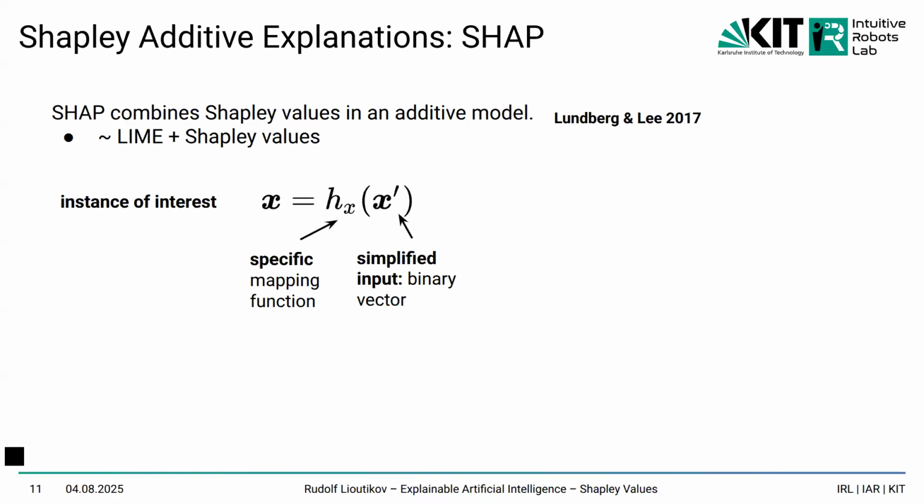Important is that this mapping function is specific to x. This is not a general mapping function. This is a mapping function that for this instance x is able to project a simplified binary vector into this complex original x vector. Does it make sense?